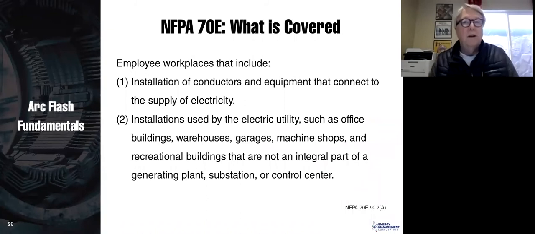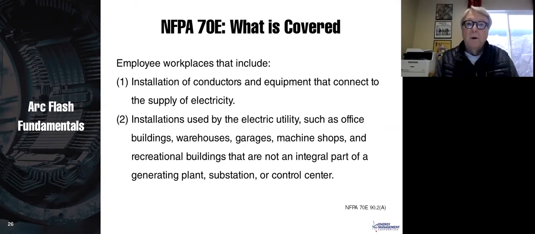What is covered in NFPA 70E? Employee workplaces that include the installation of conductors and equipment that connect to the supply of electricity. So basically, if it's an employee workplace and you have electricity, then you are covered by NFPA 70E and you have to comply with it.